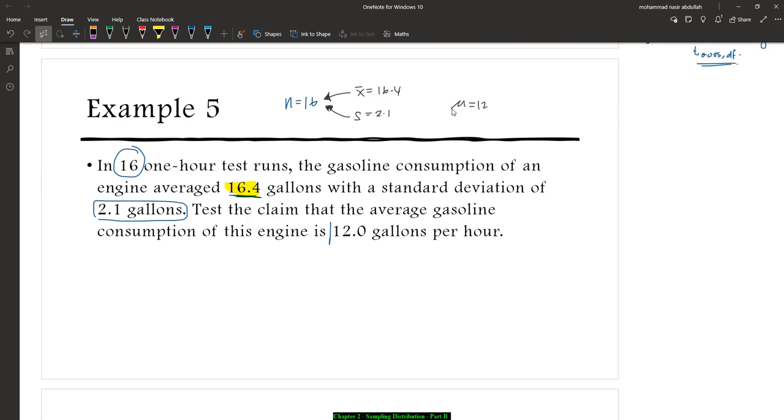Now since we already have this information, the t distribution is equal to x bar minus mu, based on theorem number 5, over S over square root of n. So this is 16.4 minus 12 divided by 2.1 over square root of 16. This leads to 8.38.